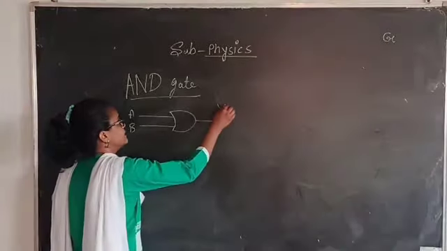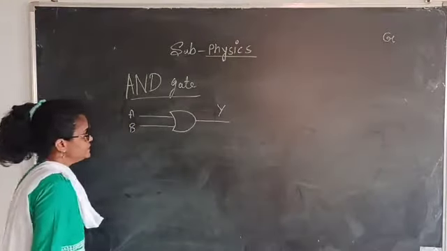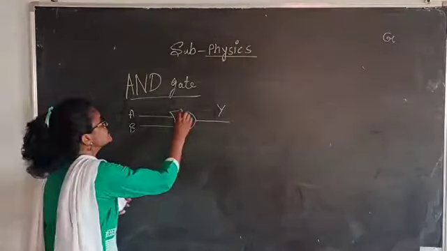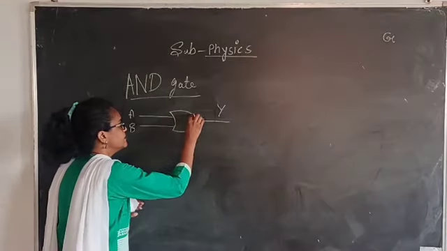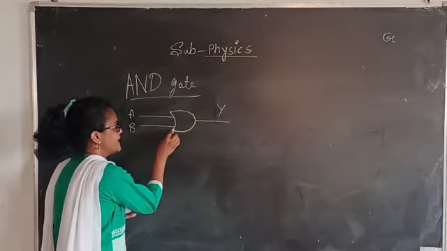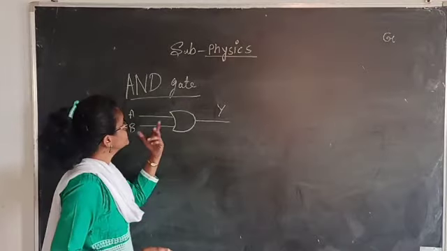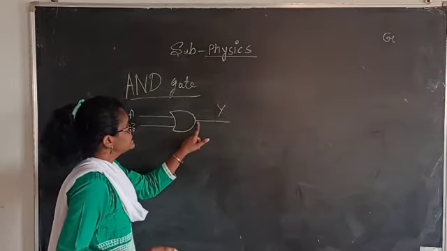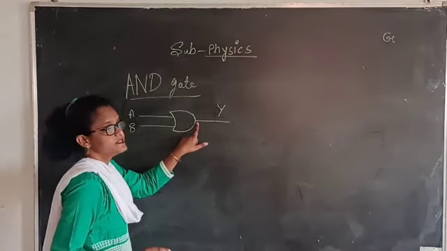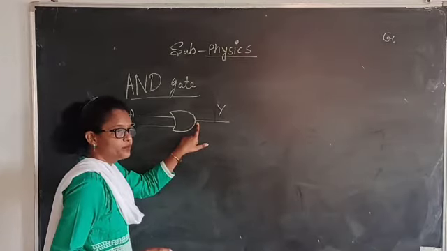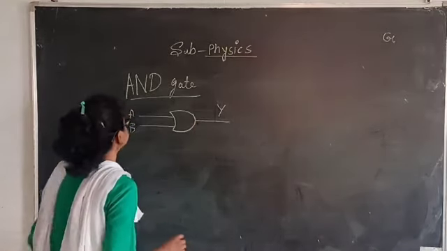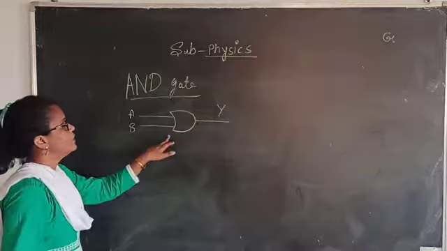This is your Y, that is the output. You can observe there is a completely curved part in the case of AND, whereas in the case of OR this point is a little bit tapering, or pointed. So this is the difference in the symbols of AND and OR.